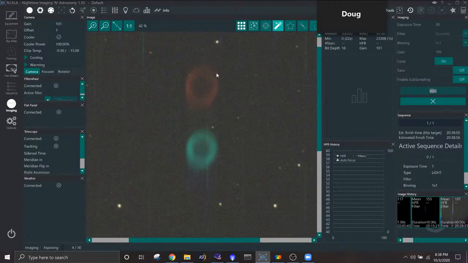This red shadow image is from hydrogen, from the specific line called hydrogen alpha. And the one down here is from oxygen. It's called oxygen 3, and it's at more of a teal wavelength.